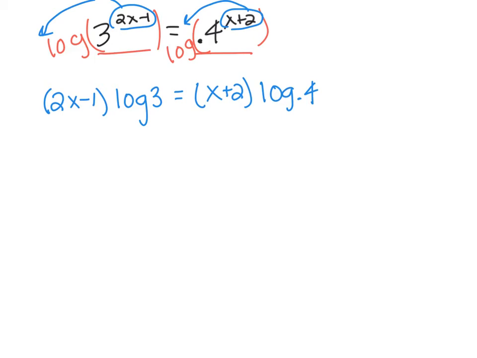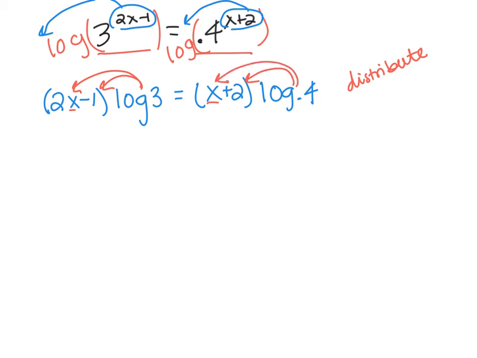So now our goal is to solve for x. So we have our two x terms. They're in parentheses right now, so they're stuck. We cannot move them from side to side. So your next step here is you want to distribute your logs into those parentheses. So we need to get rid of the parentheses by distributing. Remember, log of 3 is just some number. Log of 0.4 is just some number.